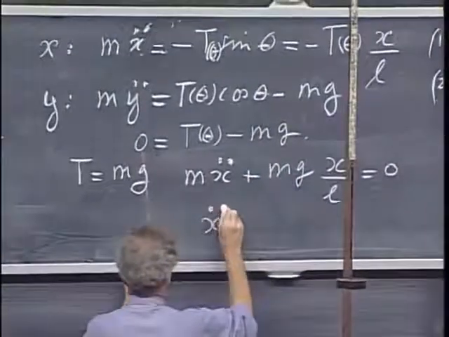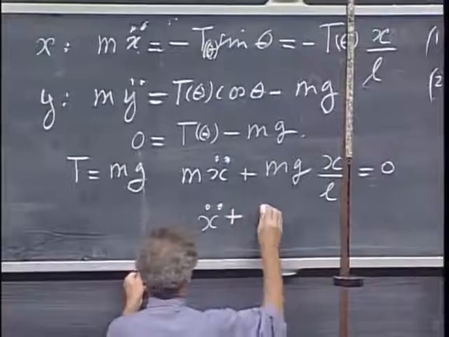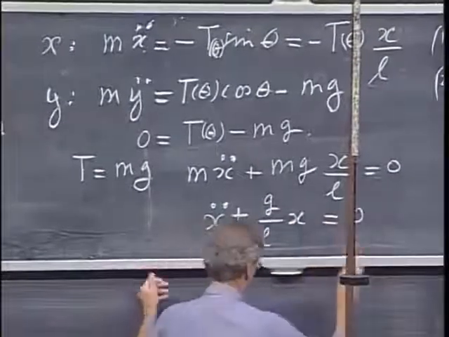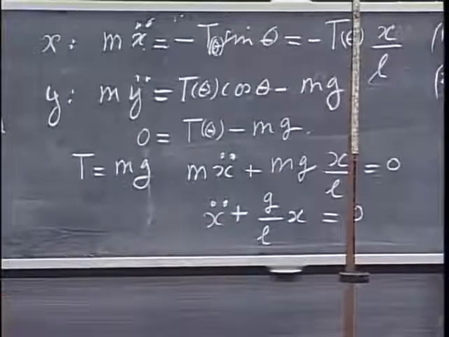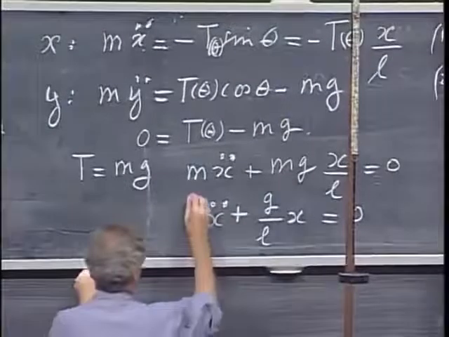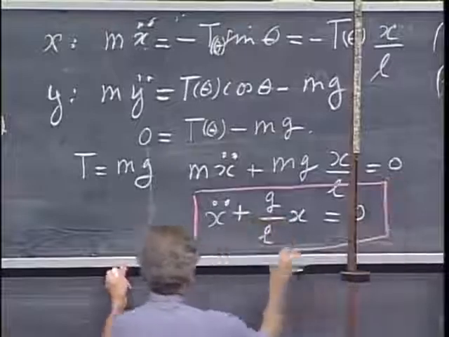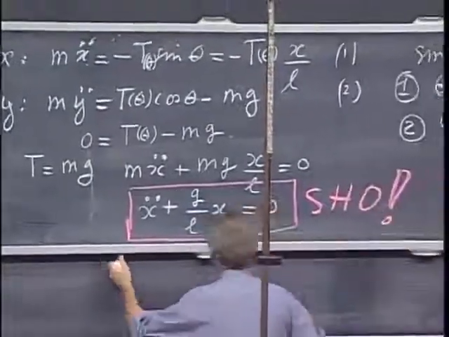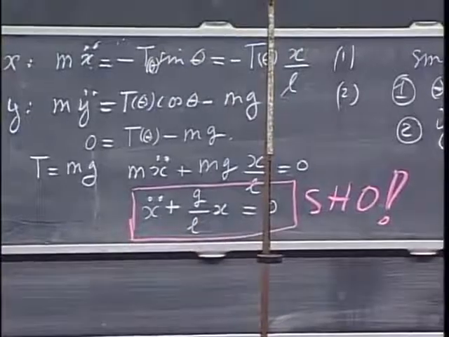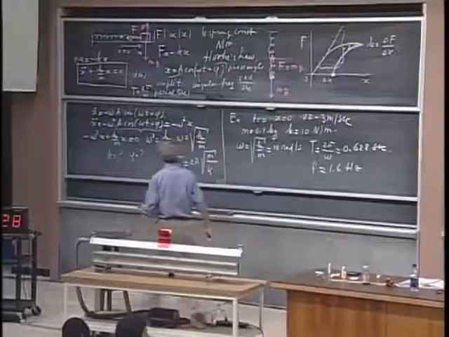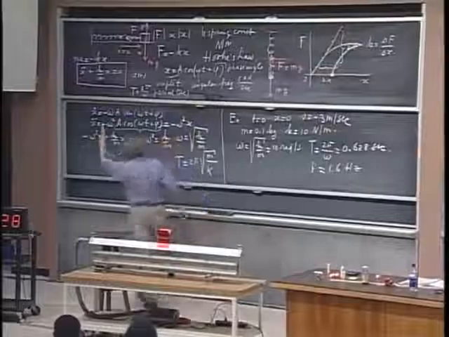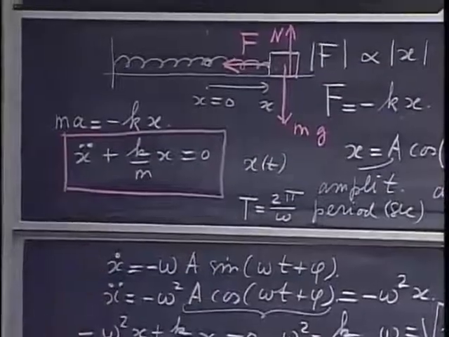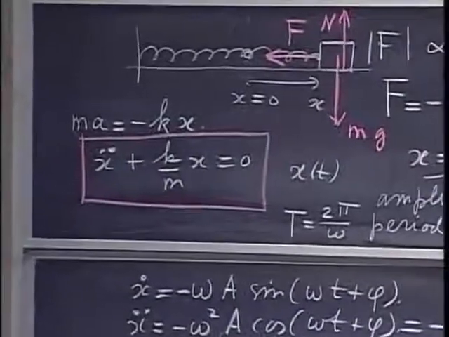And now comes the wonderful result: x double dot plus g over L times x equals 0. And this is such a beautiful result that it almost makes me cry. This is a simple harmonic oscillation. This equation looks like a carbon copy of the one that we have there. Here we have k over m, and there we have g over L. That's all.